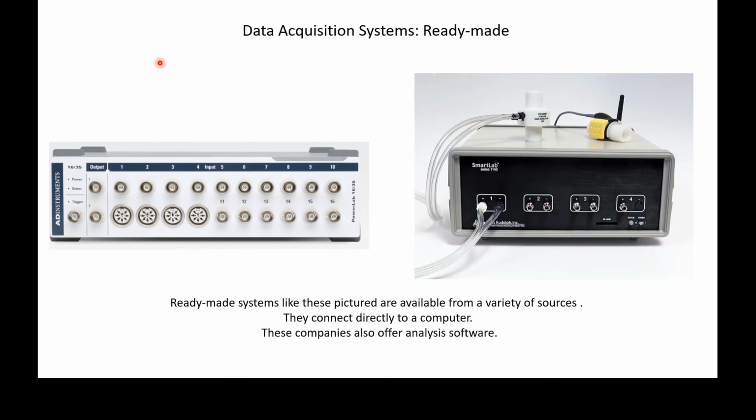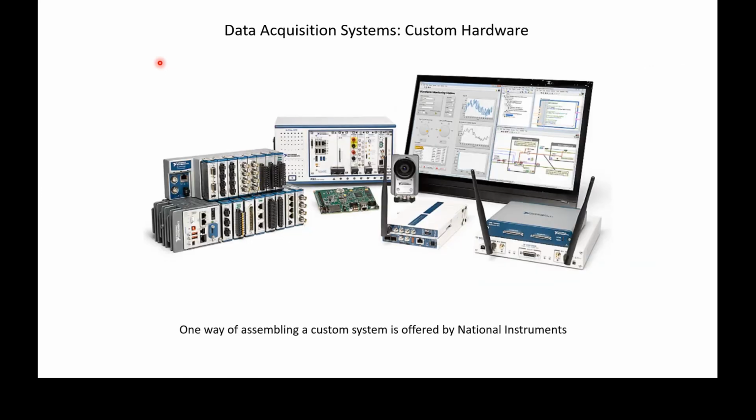The other way of doing things is the way that I set up my laboratory when it was running, and that was to use custom hardware. There are many ways of assembling a custom hardware system to do it. Quite a few manufacturers, one of which is National Instruments, which I have used.